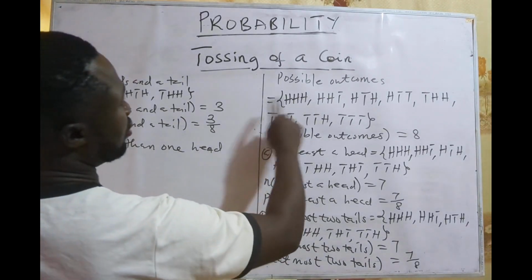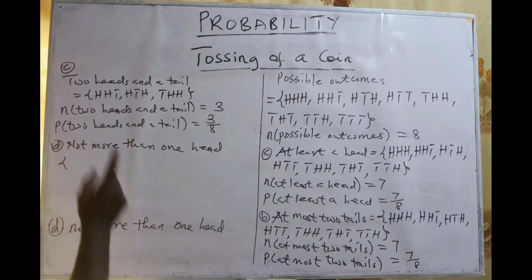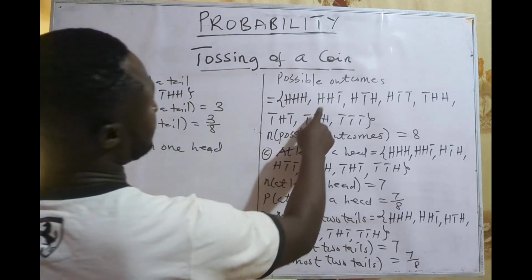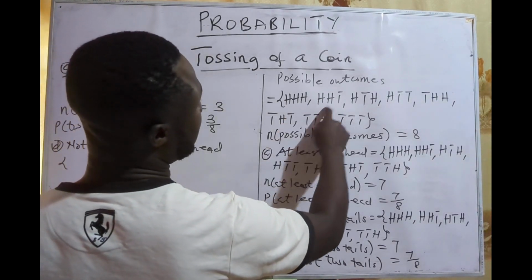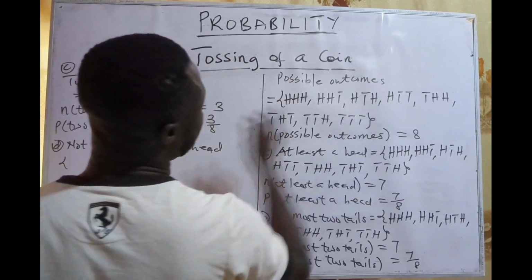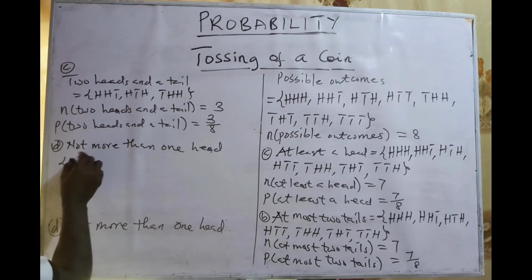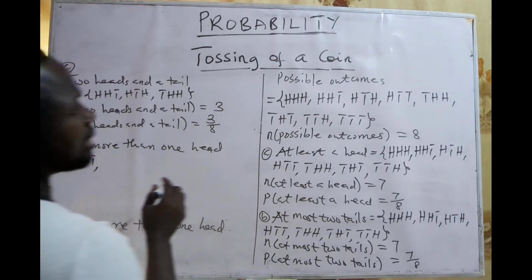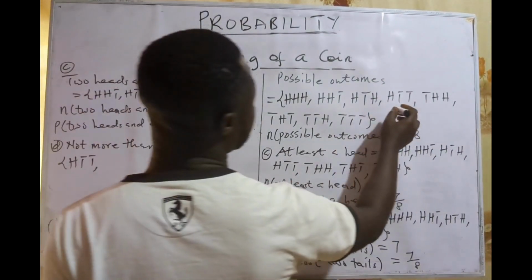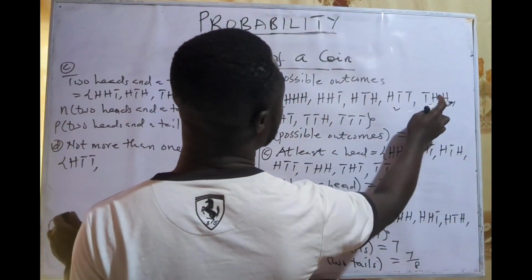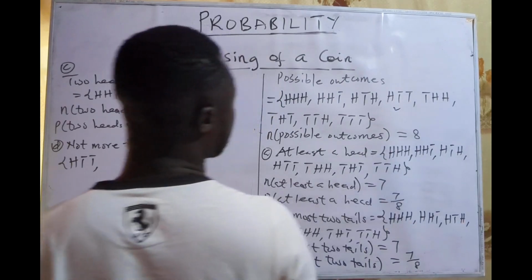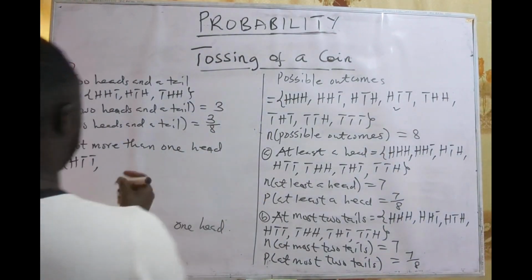Okay, so head, head, head is not part. This is more than one head. Head, tail, tail is not more than one head. Tail, head, head is more than one head, so it is not part.